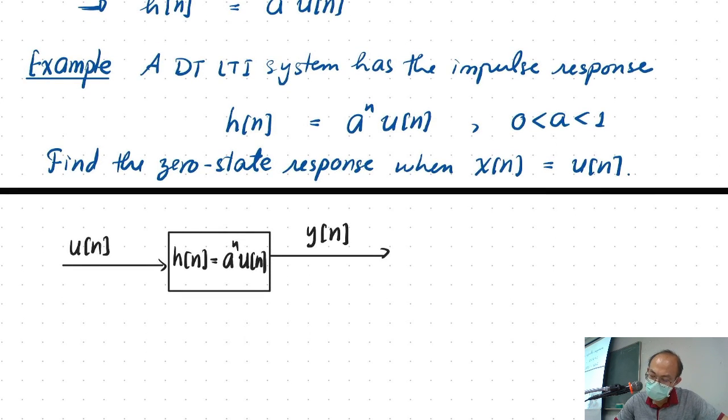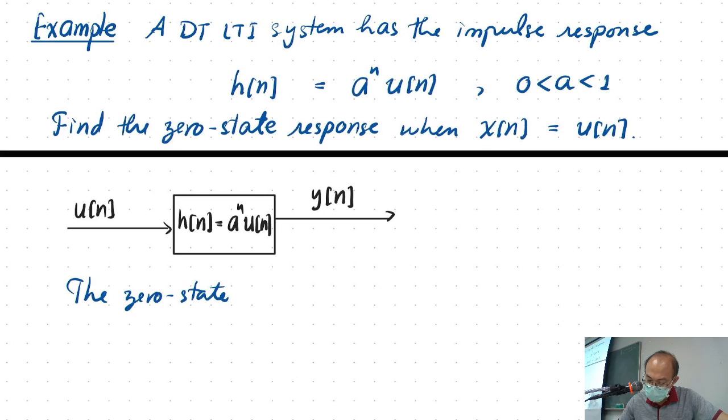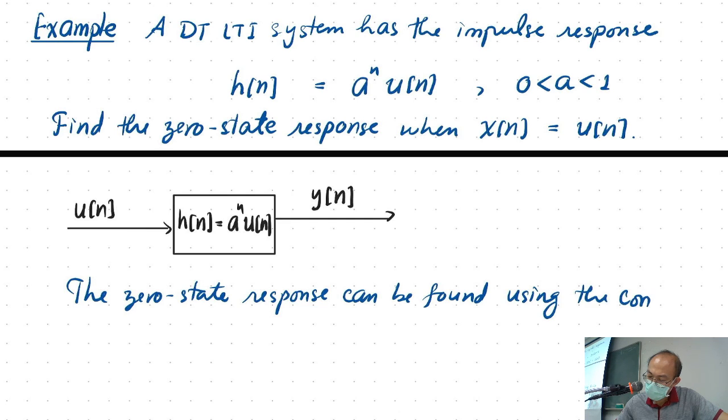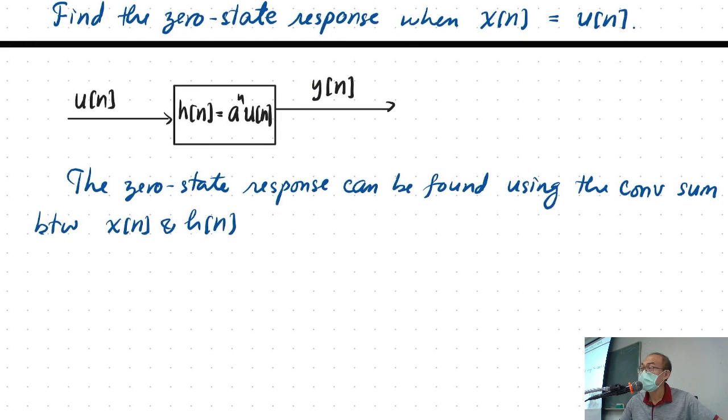Now, to find this, we know that the zero state means zero initial conditions. The zero state response can be determined using the convolution sum between x of n and h of n.